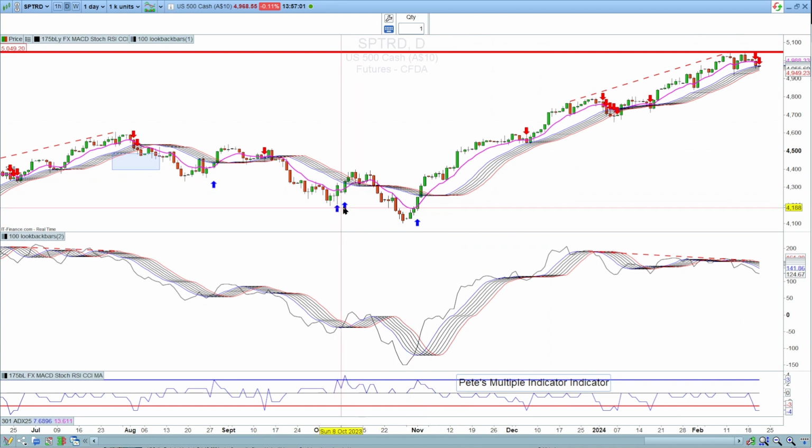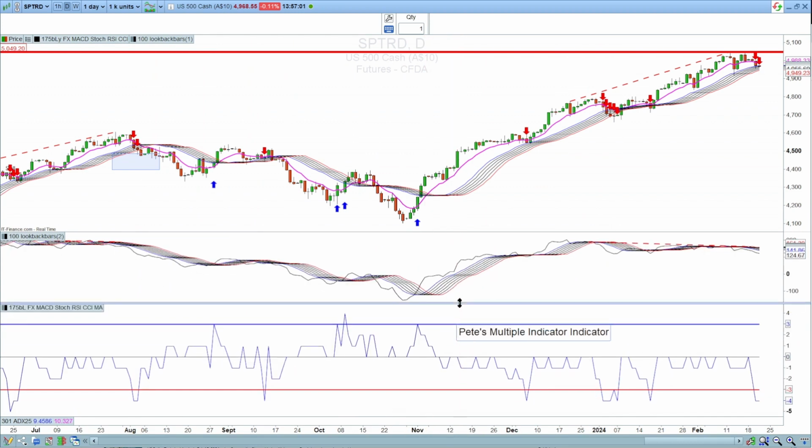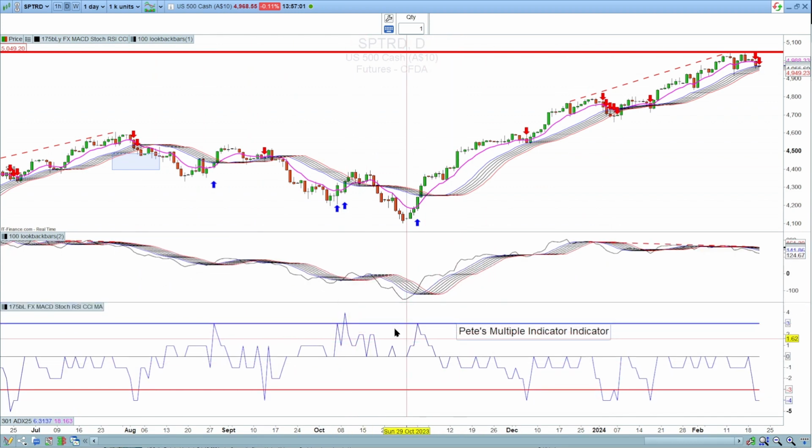Now these little blue arrows and red arrows on the price chart simply reflect what Pete's multiple indicator is showing. On this indicator there's a zero line, 1, 2, 3, 4, and it goes up to 5.